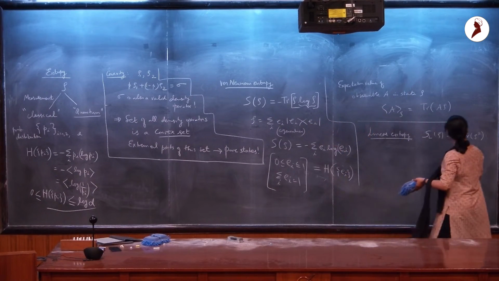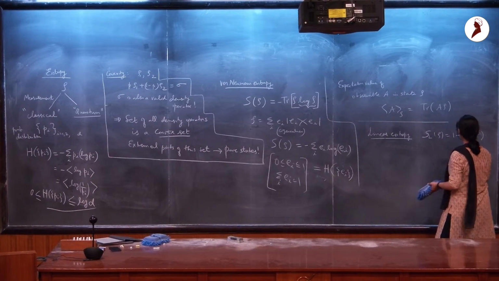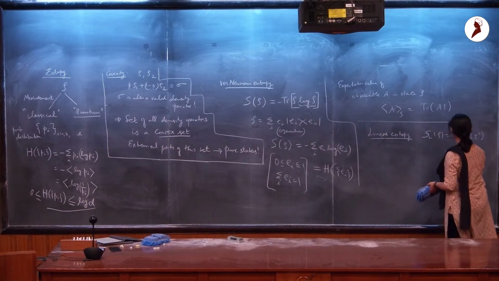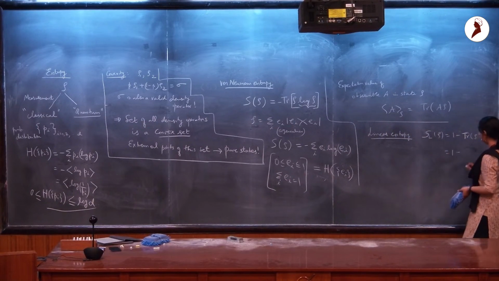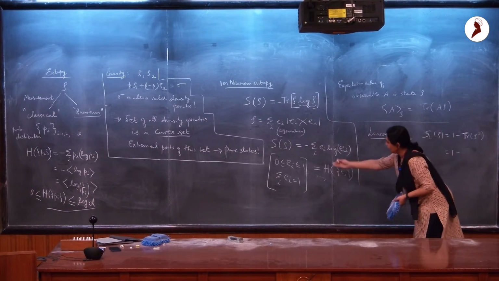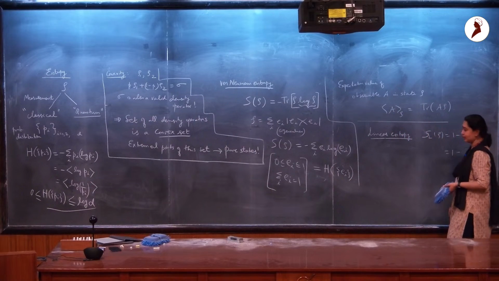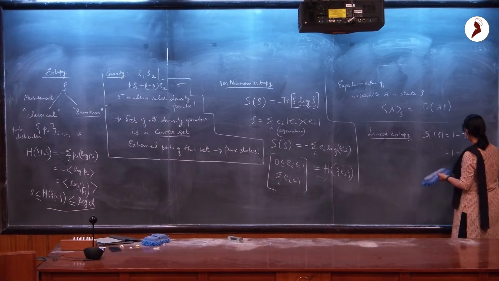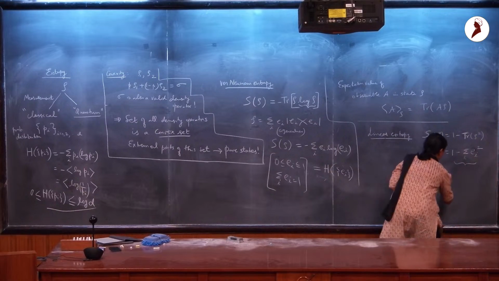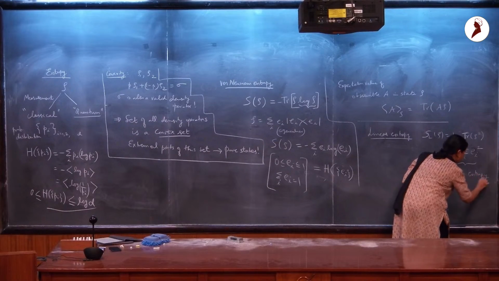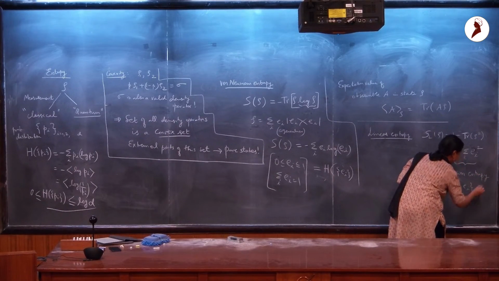In the classical sense again, if I write this down in terms of the spectrum, what does this evaluate to? What would this be in terms of the eigenvalues, just like how I had this form of the von Neumann entropy? Yeah? e_i squared. So this classically is called a collision entropy for the probability distribution e_i.